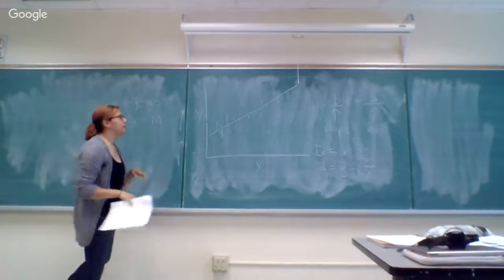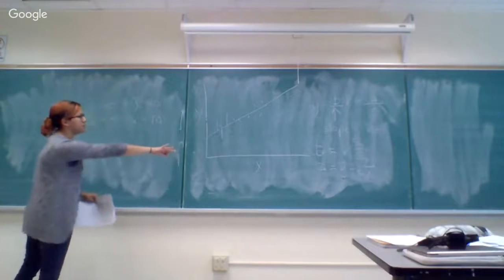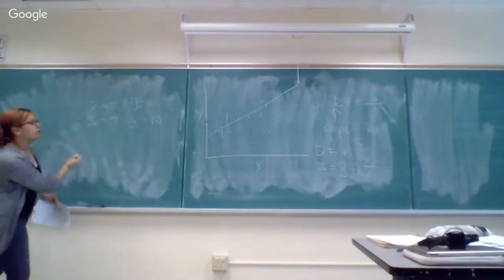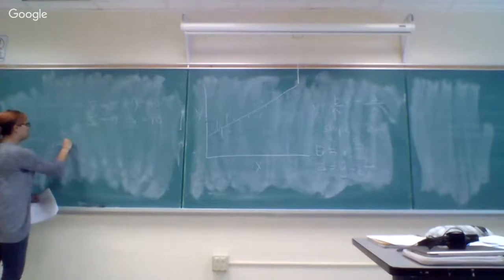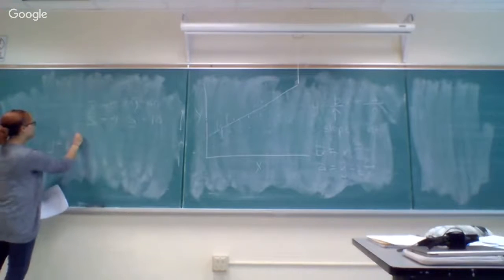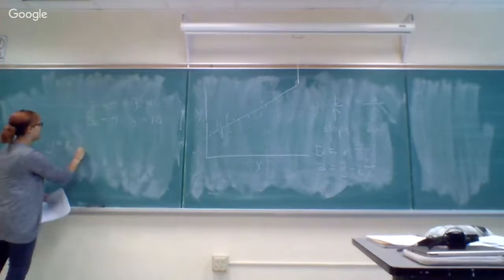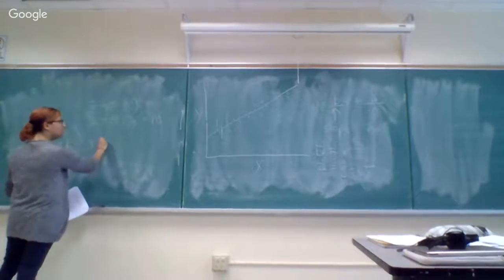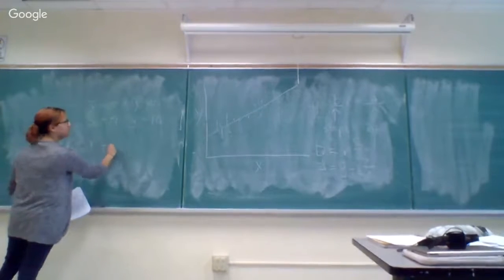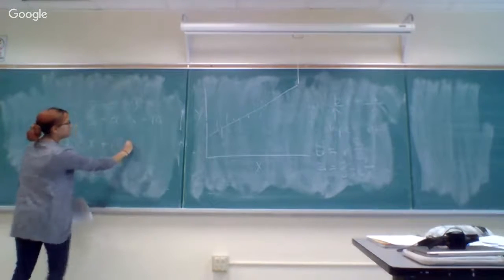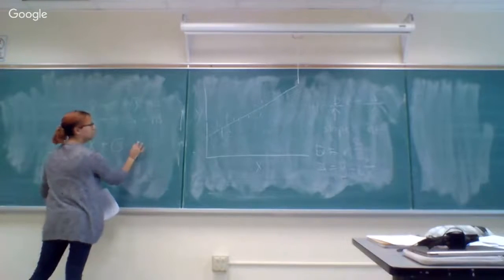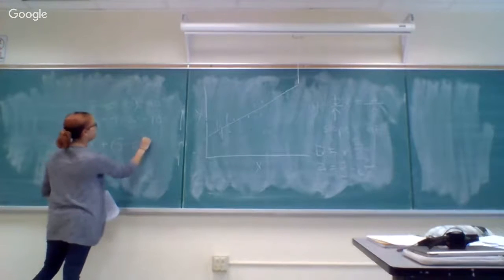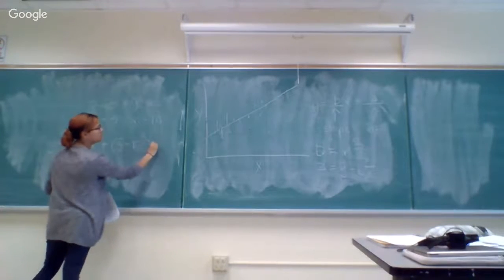So if we were to calculate our least squares regression line, I'm going to consolidate that a little bit. And so we'd have y equals r sy over sx times x plus y bar minus r sy over sx times x bar.